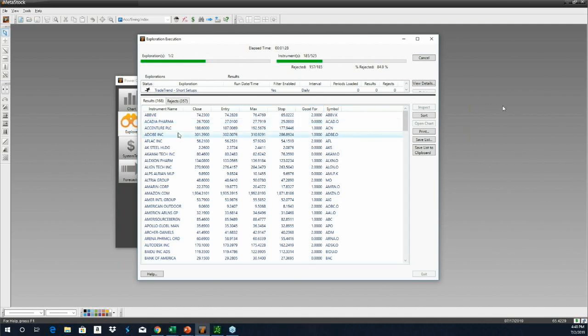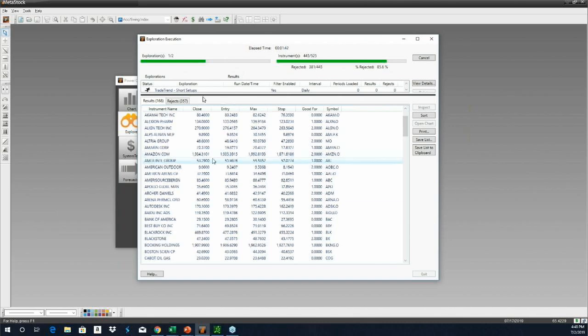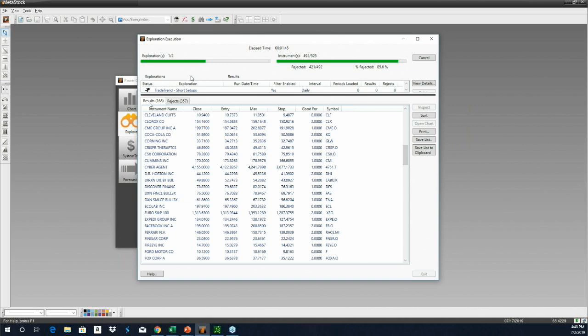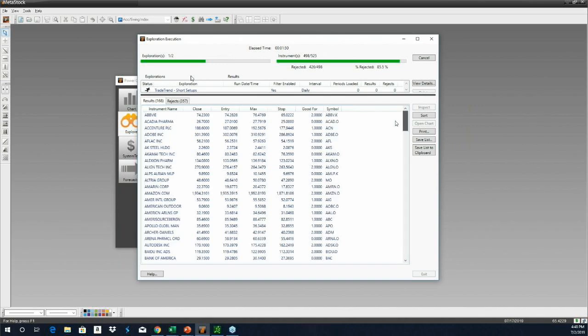So normally it tells me how many results that we got. Maybe it will tell me when the whole thing completes. But anyway, we have our list here of potential opportunities. There were 168 valid signals. So we have a pretty good list to choose from.